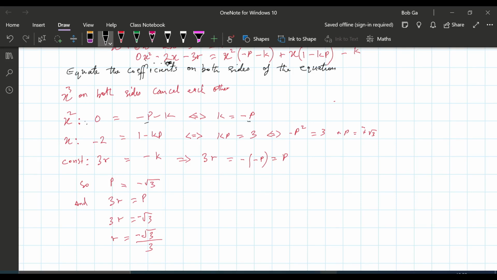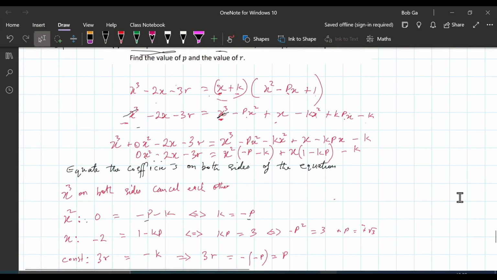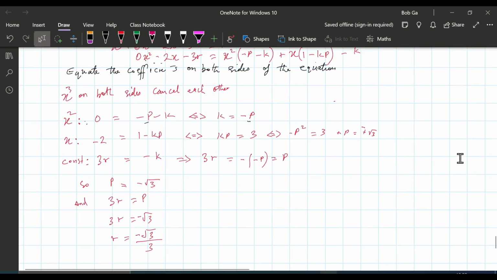Okay, so 2 is equal to the coefficient of x on the right hand side, which is 1 negative kp. That's the coefficient of x there. Remember, 1 minus kp x is the same as x with 1 minus kp at the front. It doesn't matter. So 1 negative kp is the coefficient of x there.